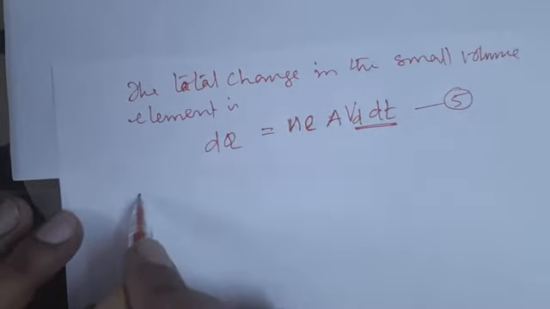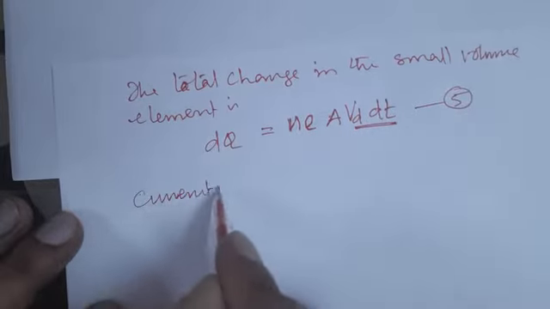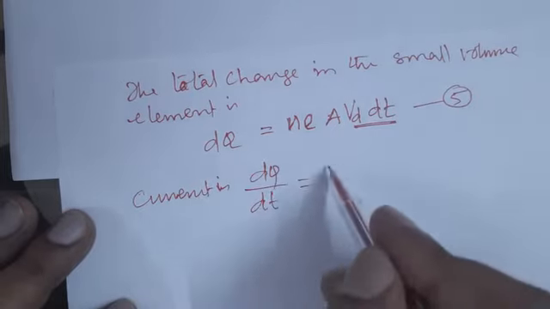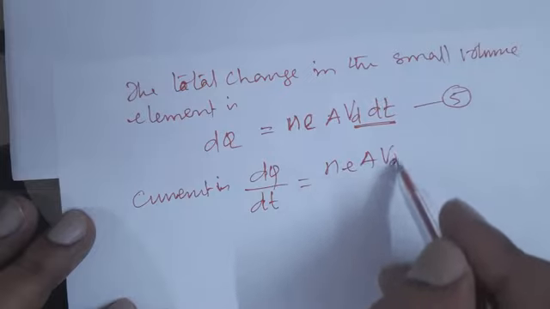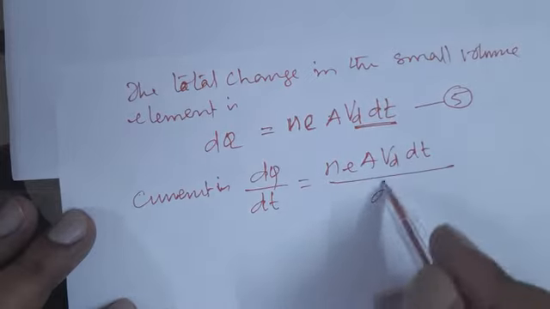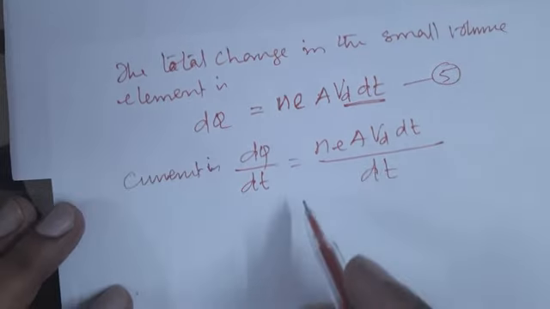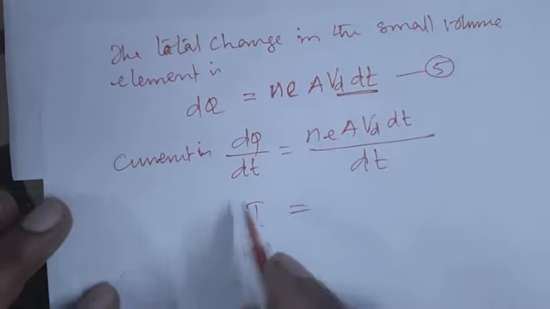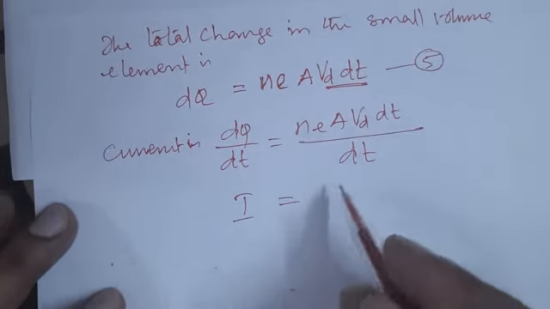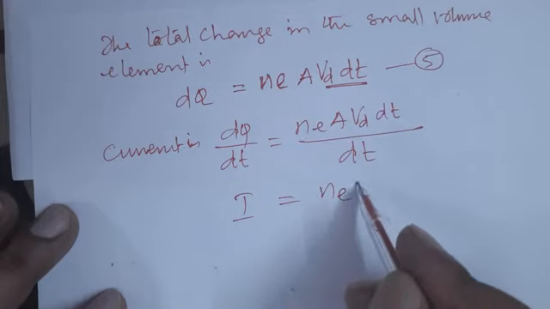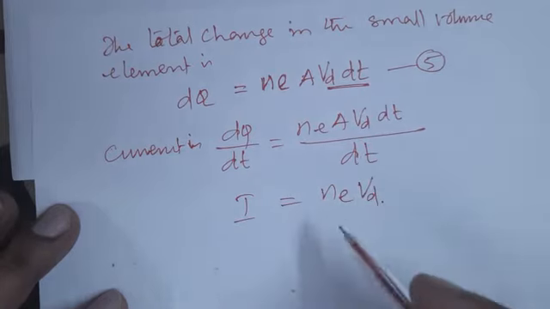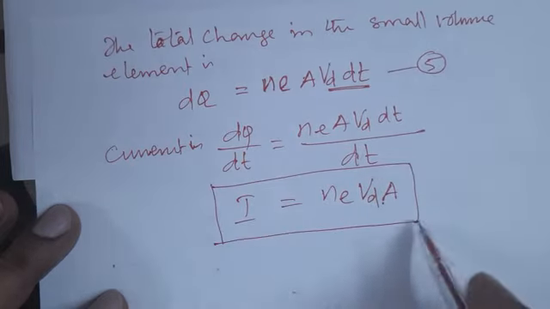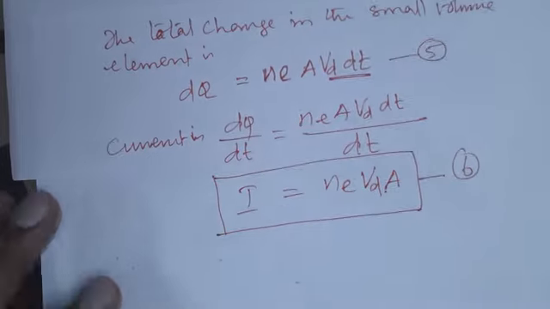We know what current is: current is q by t, here dq by dt. So n e A Vd dt by dt. Simplifying, dt gets cancelled, and dq by dt is nothing but current. So current is equal to n e Vd A. This is the equation for current. Take it as equation number 6.